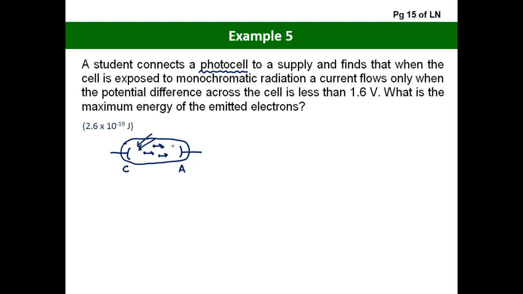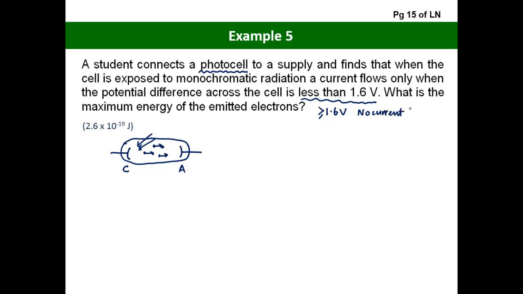So in this experiment, what you can do is apply a potential difference across the cell. And you are told that if you have the potential difference that is less than 1.6 volts, then there will be a current flowing through. If it's greater than 1.6 volts, then there is no current.